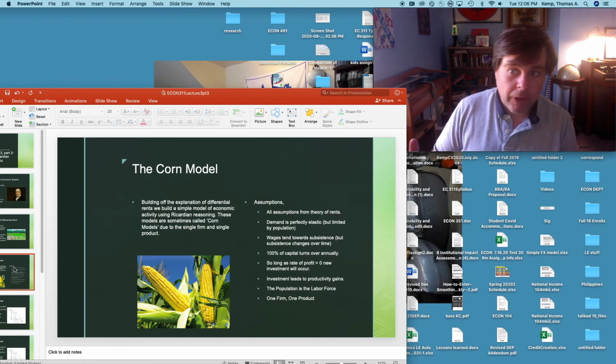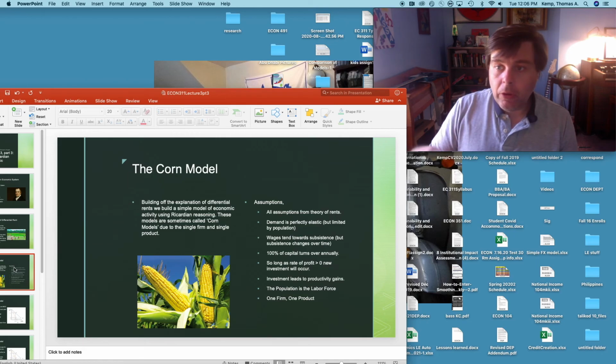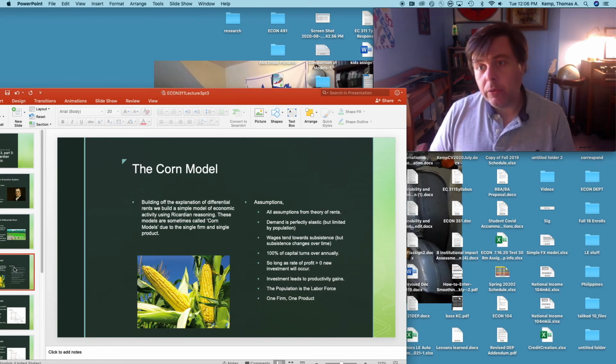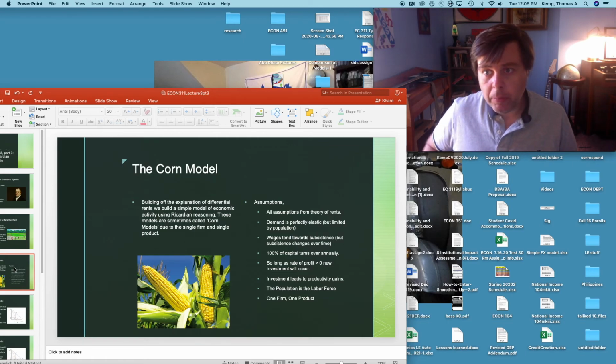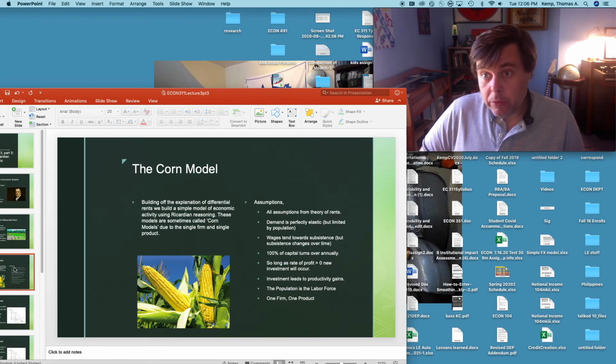So if you think of this like a farm, which is a corn model, all the capital equipment of the farm is fully worn out after 1 year, and then you have to get new stuff every spring. Unrealistic, but it makes the model a little simpler and doesn't really fundamentally change the results.